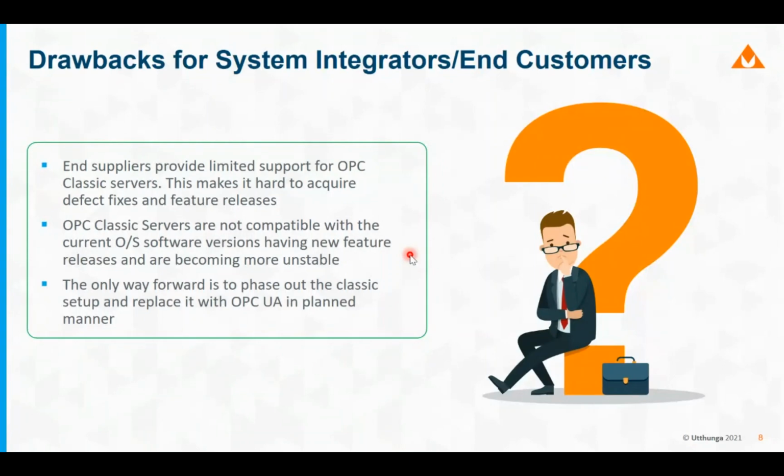The second problem is a very good one. Whenever an OS patch upgrade comes, anybody who's handling OPC Classic, ask them, they lose sleep over it, because they know the moment a patch comes, the moment a new server upgrade comes, the OPC Classic server will stop working. And why is that? Because Microsoft is cautiously trying to stop COM-DCOM at the application layer, because it opens a lot of security loopholes.